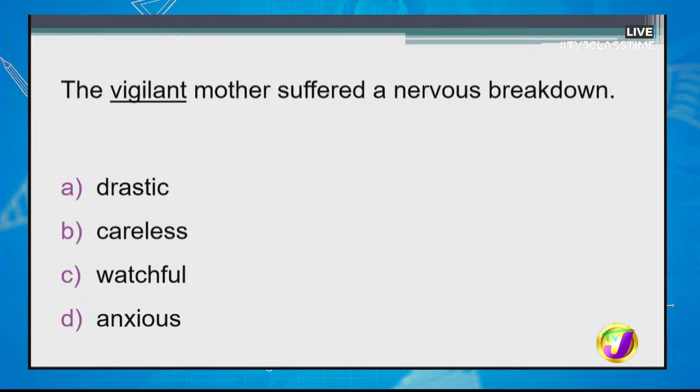Therefore, if she's not vigilant, what is she? The possible answers to the meaning of vigilant are there, but we don't want the meaning, we want the opposite. So the opposite of being vigilant is to be careless. Because watchful is what would convey the meaning behind vigilant. So the opposite of being watchful in this case would be to be careless.